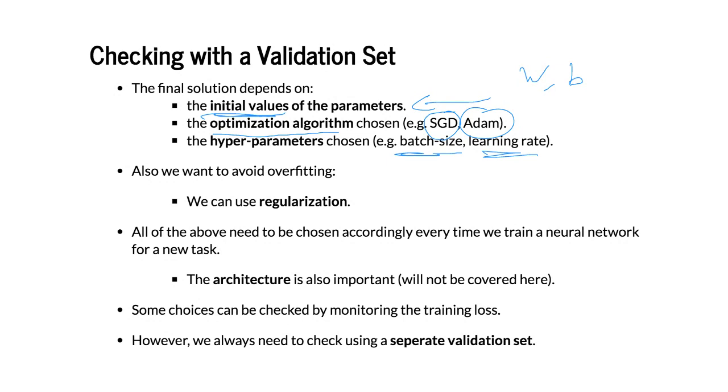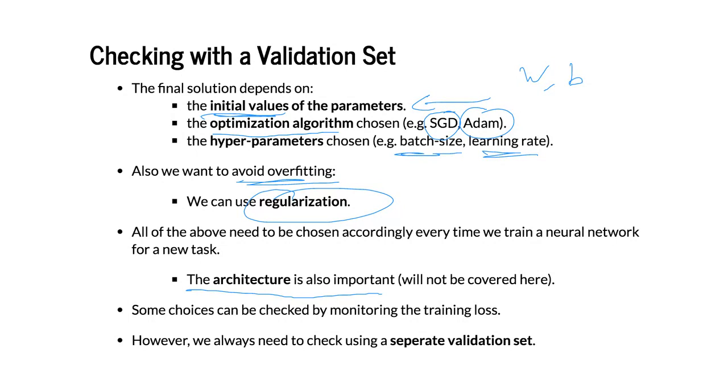Moreover, when we want to avoid overfitting, we can use a technique called regularization. There are several methods for regularization, and each of these methods may have their own parameters, so we have to tweak these parameters too. And of course, the network architecture is very important. How many layers are you going to use in your MLP?